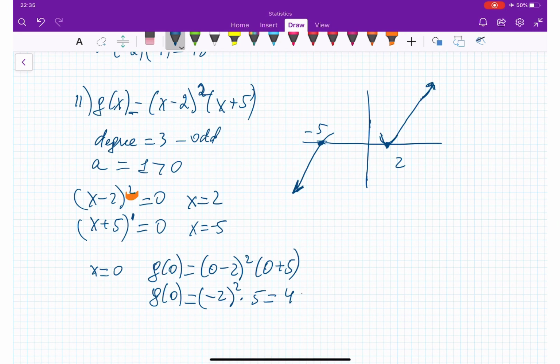Negative 2 squared, 4, times 5, it's going to be 20. So, wow. It's going to go up to height 20. Let's say this is our 20. It's going to come here and come back right there. Okay? And this is how the graph will look like.